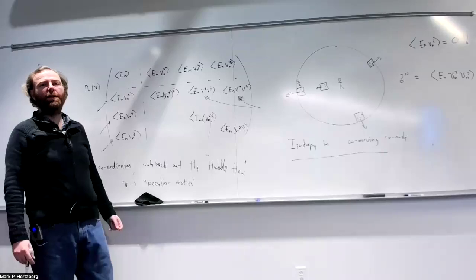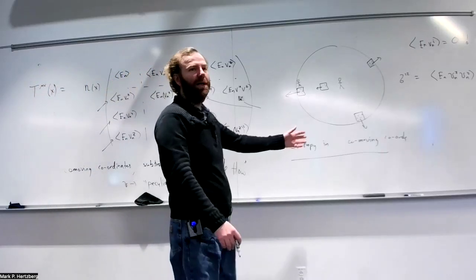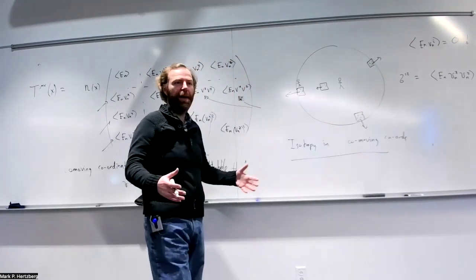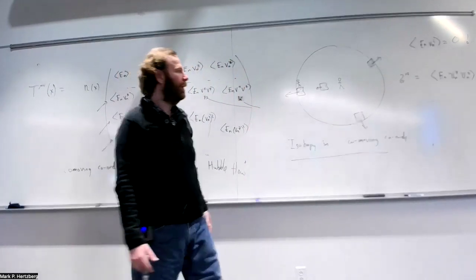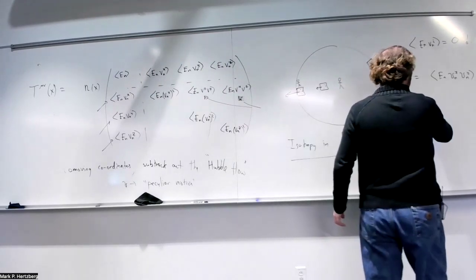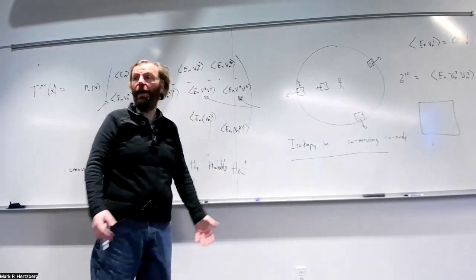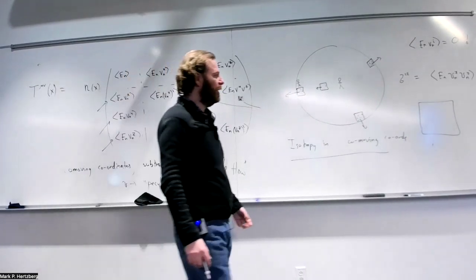This one doesn't necessarily have to vanish just because we subtracted out the Hubble flow. Can people see that? So let's say I go to the center of mass of one of these boxes, one of these little boxes in the universe. We're in its center of mass. So for sure, the average velocities have to be zero.